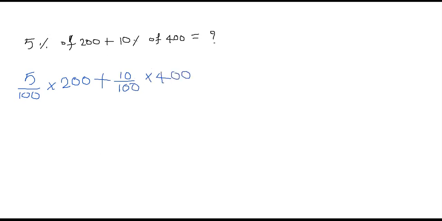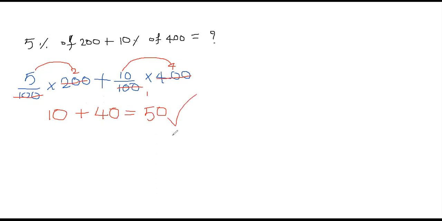Yes, then 100 ones are, 100 twos are cancel, 100 ones are, 100 fours are cancel. 5 twos are 10 plus 10 fours are 40 equal to 50. That is the answer. Easy.